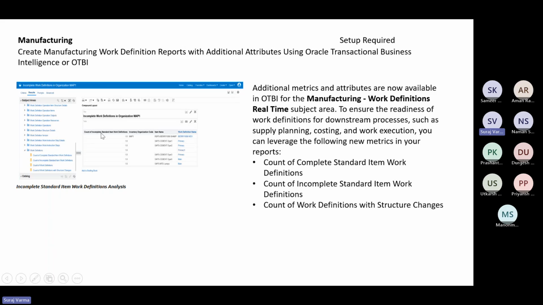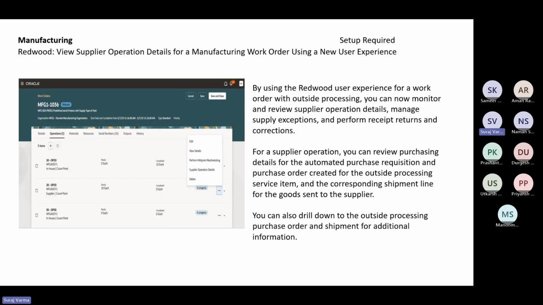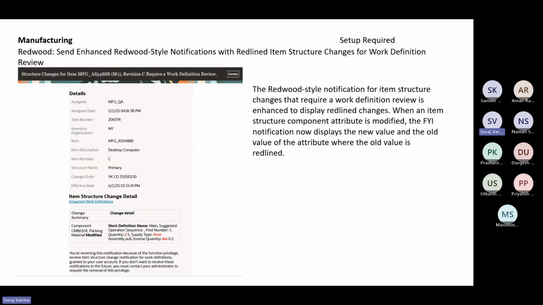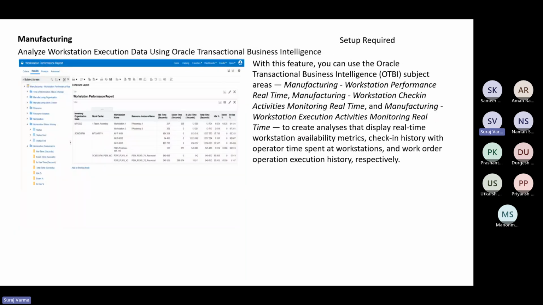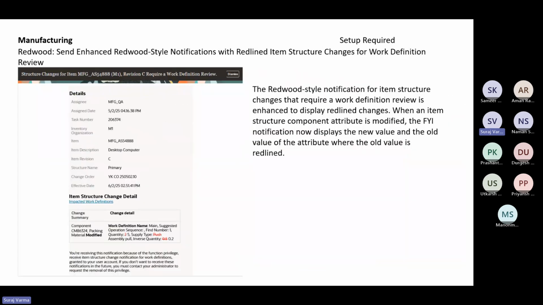Those count-specific details have also been added as part of the OTBI analysis, which can be utilized. These are some of the manufacturing related functionalities incorporated as part of the process.